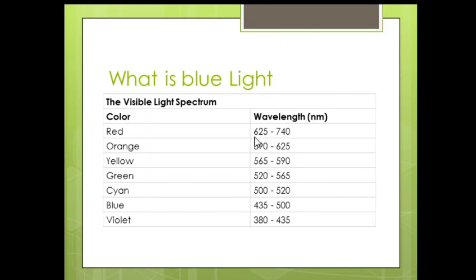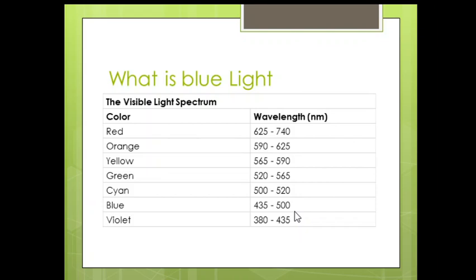For red, the wavelength is 625 to 740 nanometers, so it has less energy. Violet has a wavelength of 380 to 435 nanometers, which means it has a high energy level. Blue light, at 435 to 500 nanometers, is again a higher energy light.